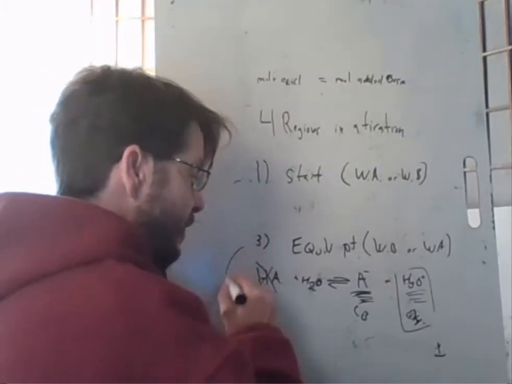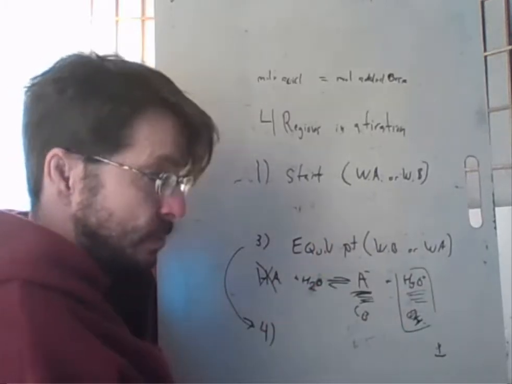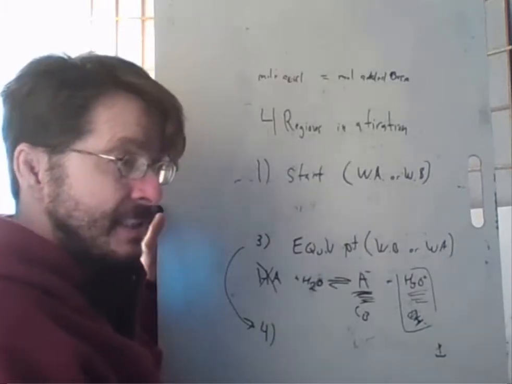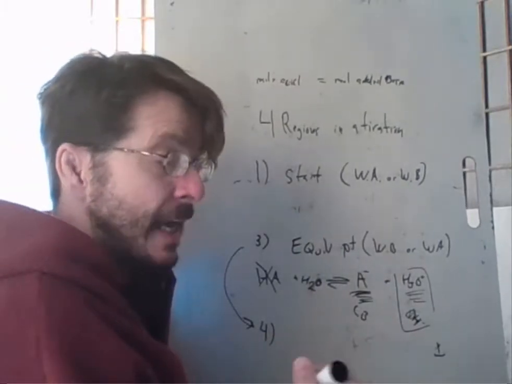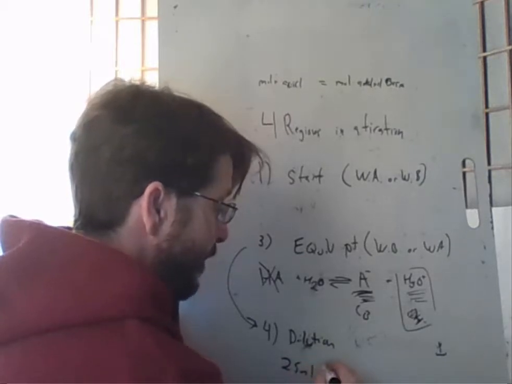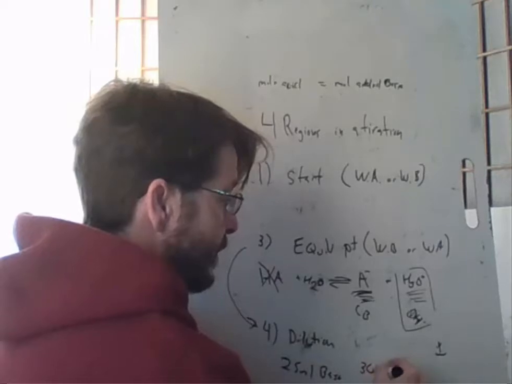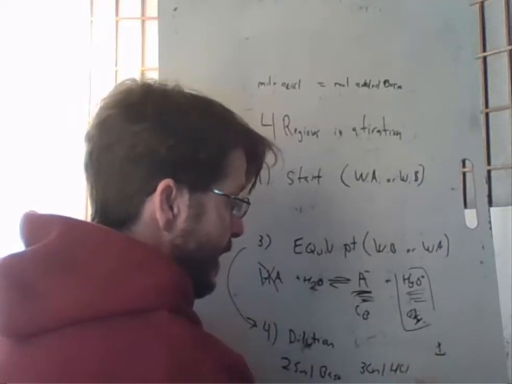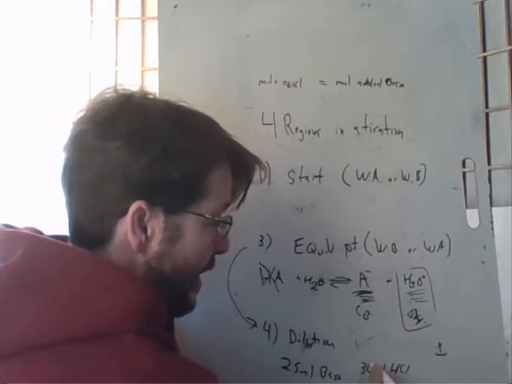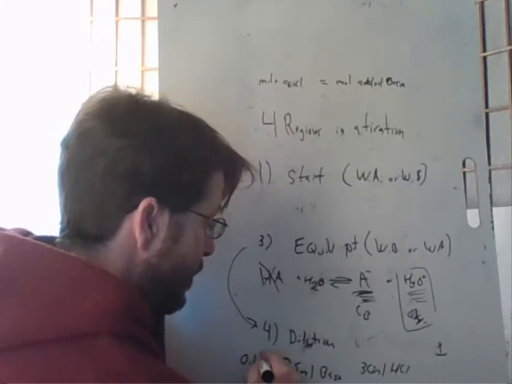Now, what happens if you add more than the equivalence point? Well, it turns out that's just a strong acid, strong base situation. So if you had 25 mL of base and 30 mL of HCl, it doesn't matter what the base is, it's a base. And these had both the same concentration.